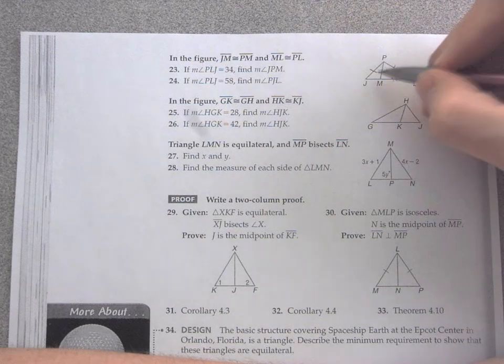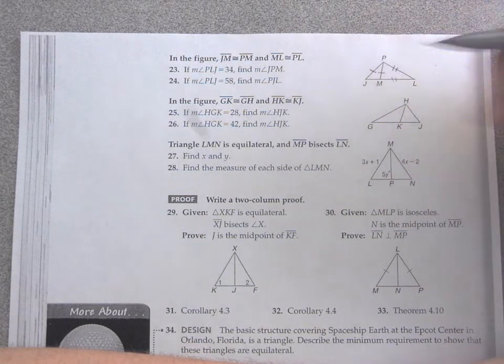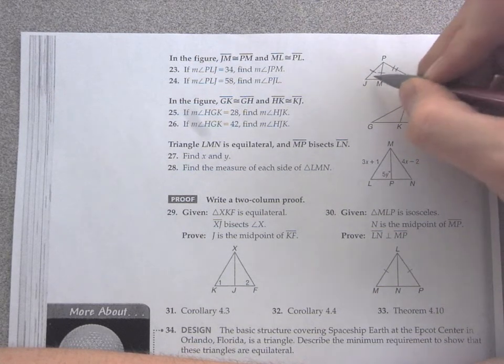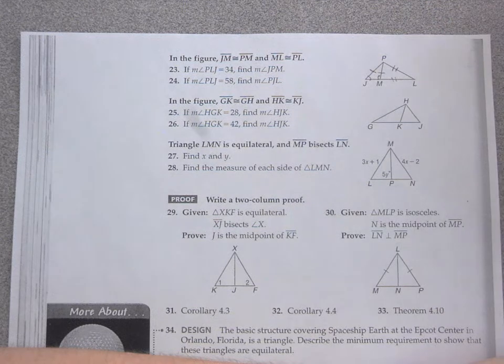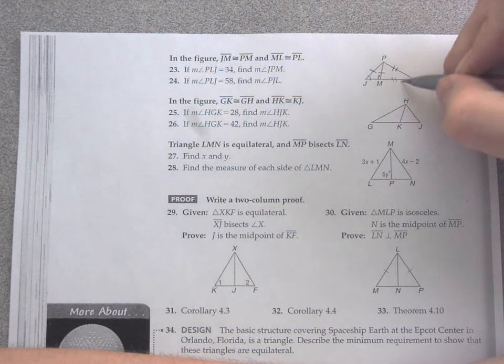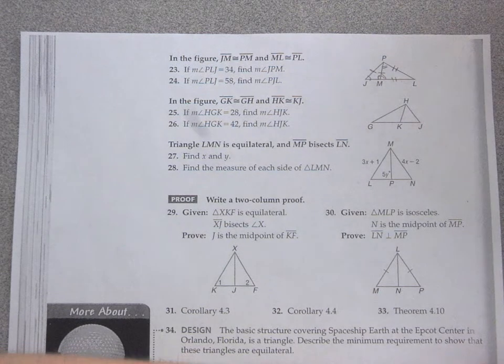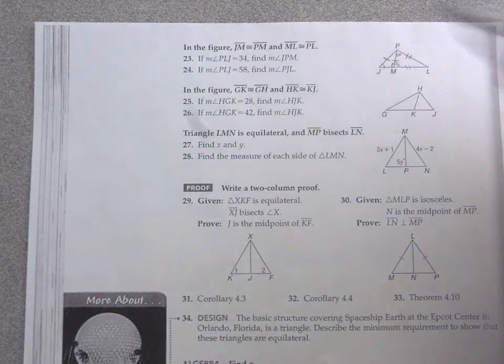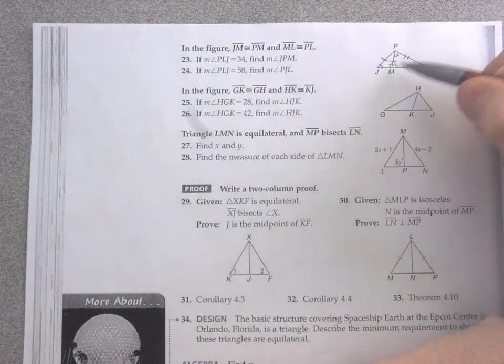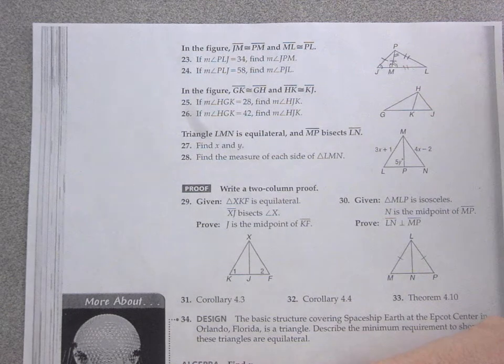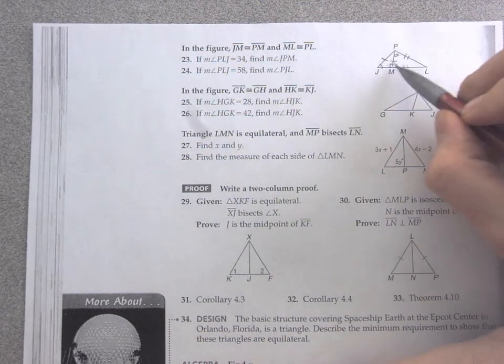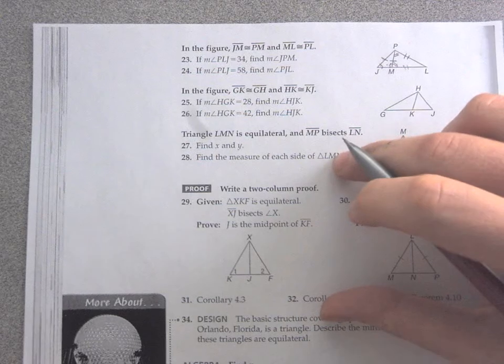If this is an isosceles triangle, then the angles opposite these congruent sides are congruent to each other. And in this triangle, these angles opposite the congruent sides are congruent to each other. So these two bottom angles here are congruent, and then these two angles are congruent. We also know that these two angles form a linear pair, and that may come in handy in a second.